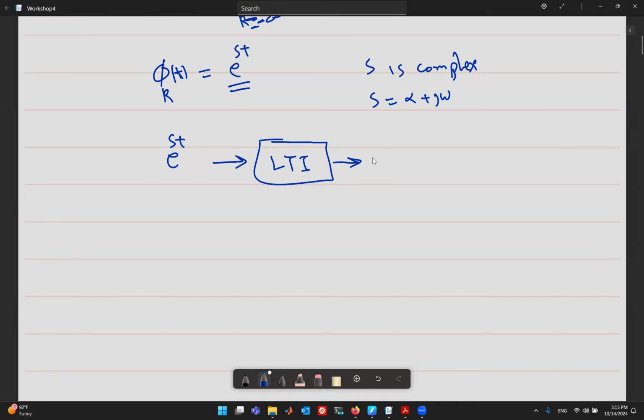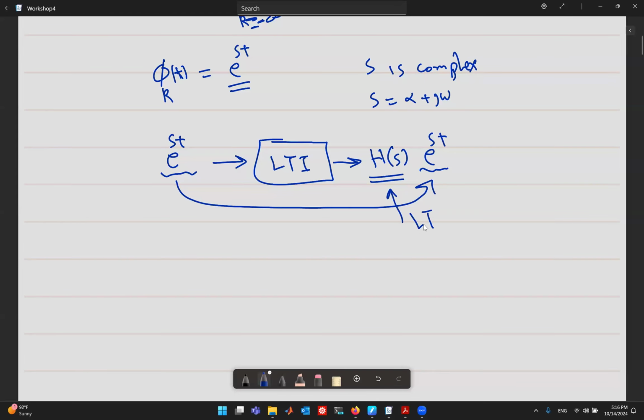It will be some constant multiplied by the same signal. The same signal scaled by some constant. And you have called this constant the Laplace transform.